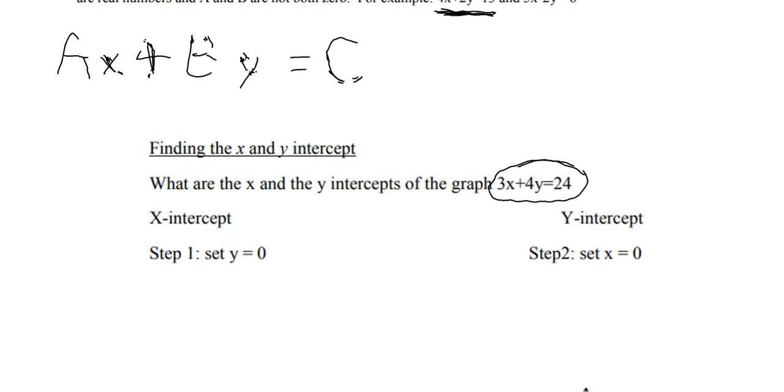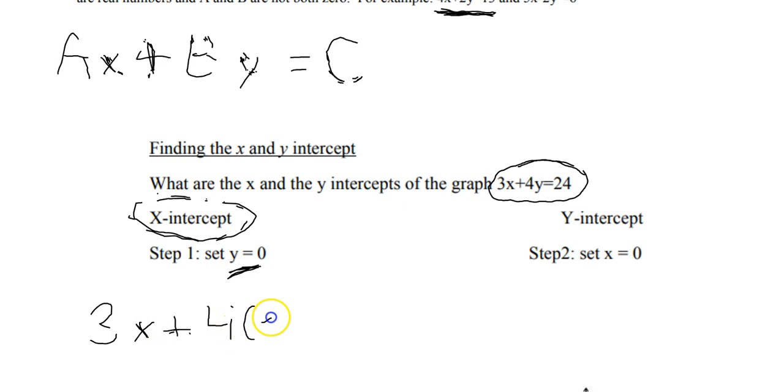So to do this, we want to find one first. We'll start with the x-intercept. To find the x-intercept, we set our y equal to 0. So in my equation, I have 3x plus 4 times y, we're setting y equal to 0, equals 24. You'll see this 4 completely cancels out since it's times 0.